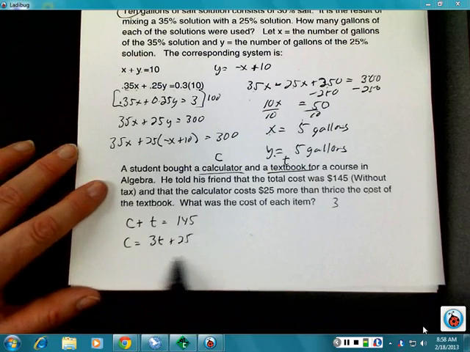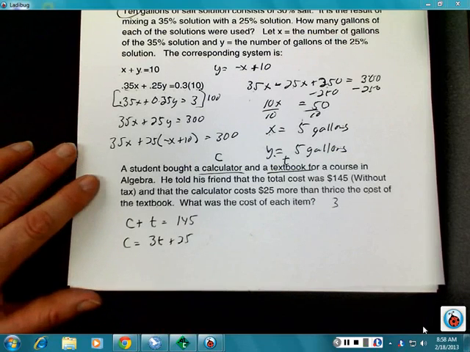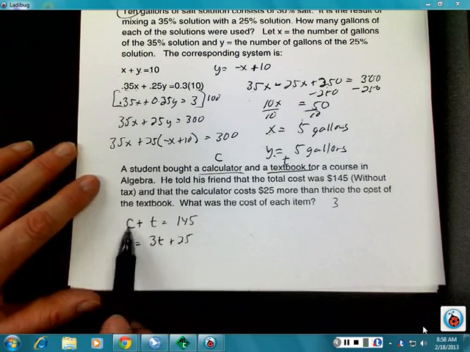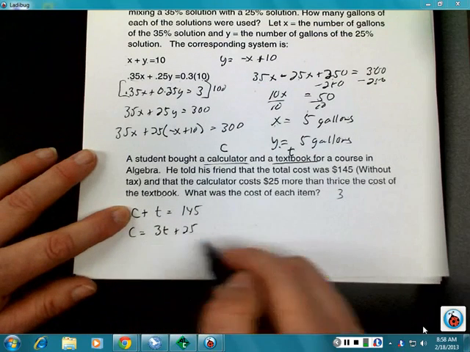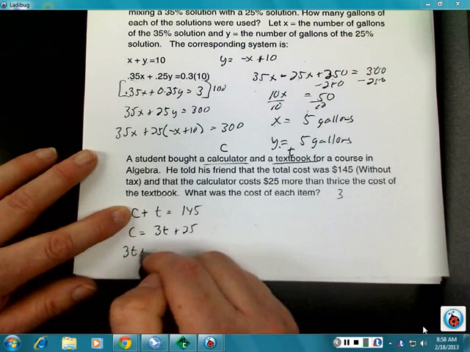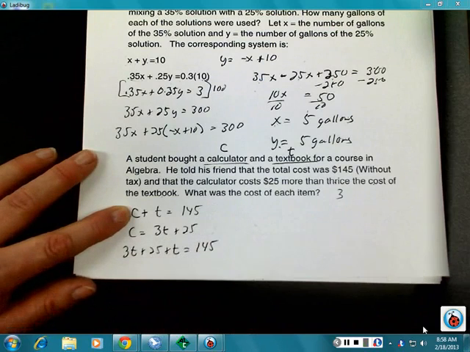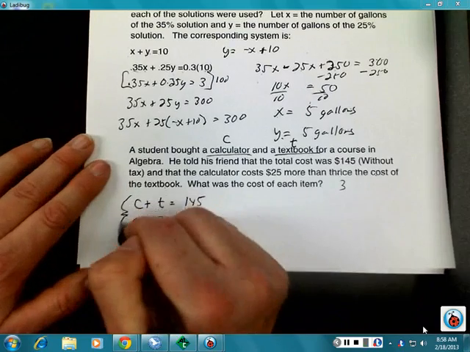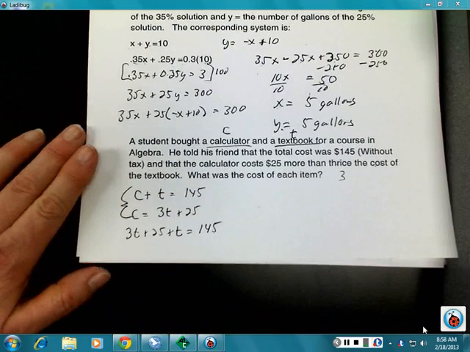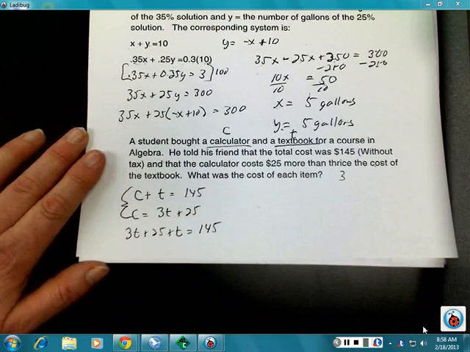Okay, so if we've got that as our values, then what do we have to do? Take this and plug it in where C is. So I'm going to have 3t plus 25 plus t equals 145. These two are my original equations, so I want to keep straight which ones those were.